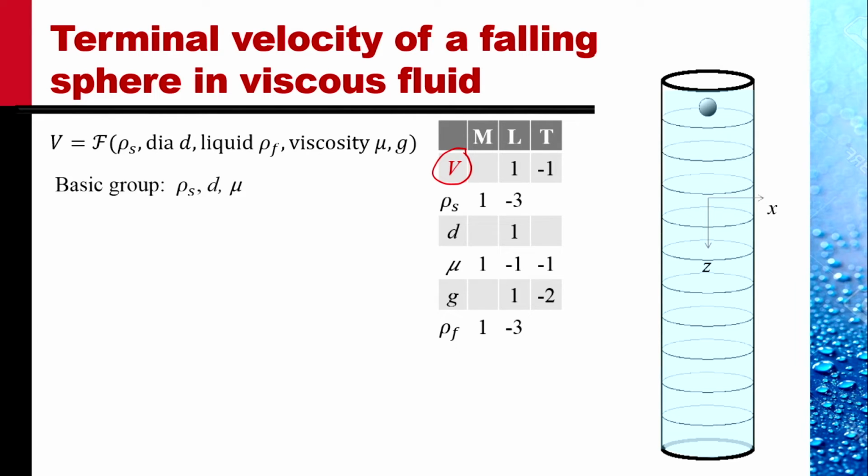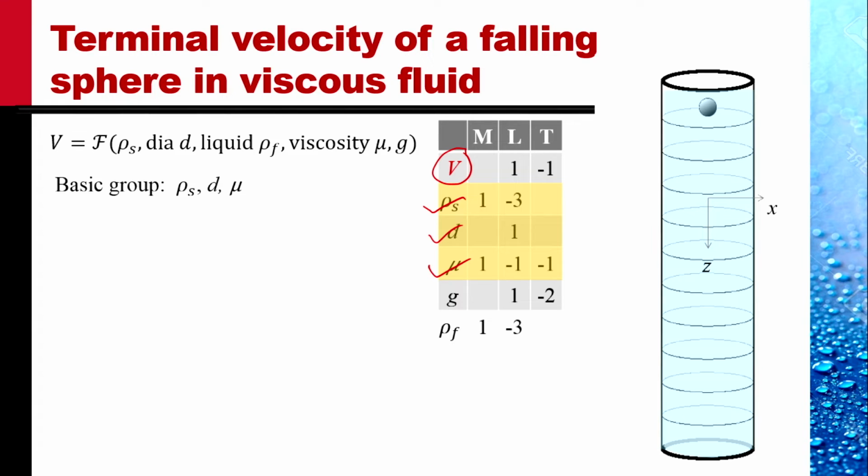Then we choose the basic group as the density of the solid sphere, the diameter of the sphere, and viscosity. These 3 we choose as the basic group. Now there are 3 remaining parameters, 1 dependent and 2 independent. So this will mean that if we work with this, we'll get 3 pi groups.